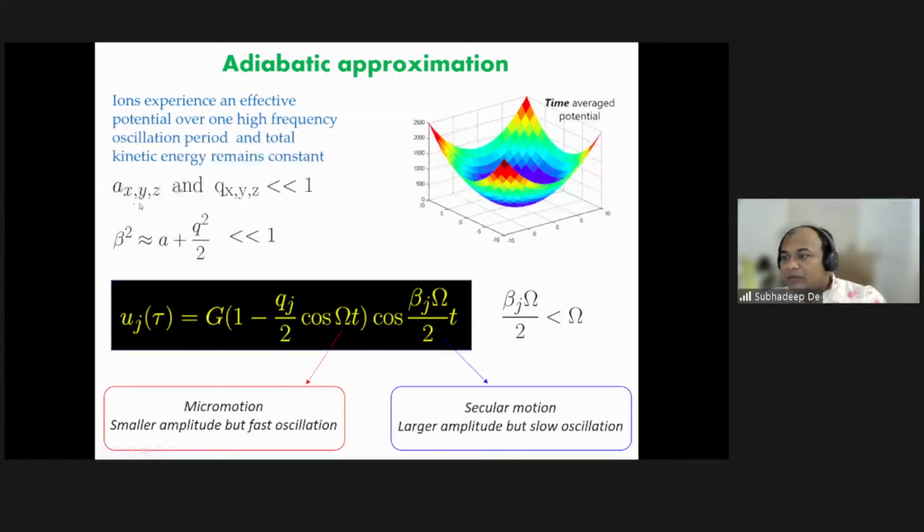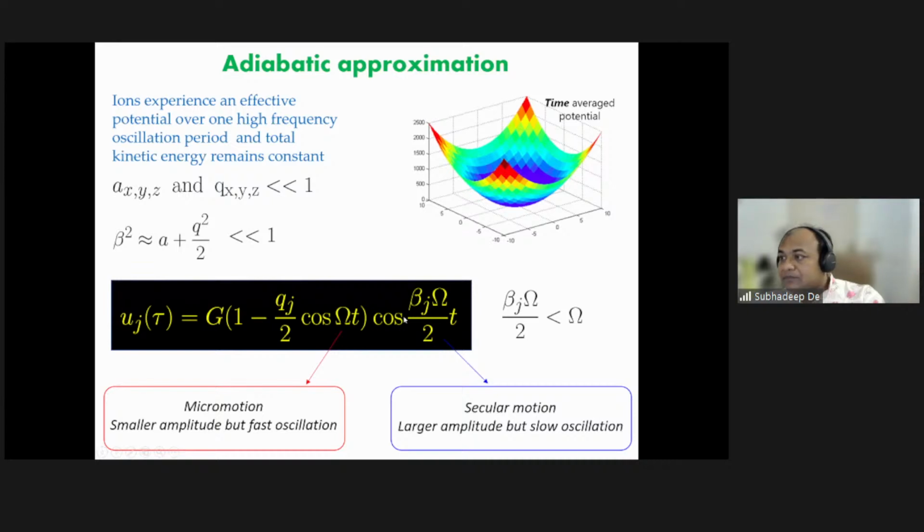Then if I put all these values here, the trajectory of the ions can be written in this form, where there is Q and beta, as you see here, and omega, and there is this cosine function and this cosine function. So this is sort of an envelope, and then it's modulated. We know these things like frequency modulations. They give this kind of multiplication of cosine A, cosine B, and that's what you see here basically.